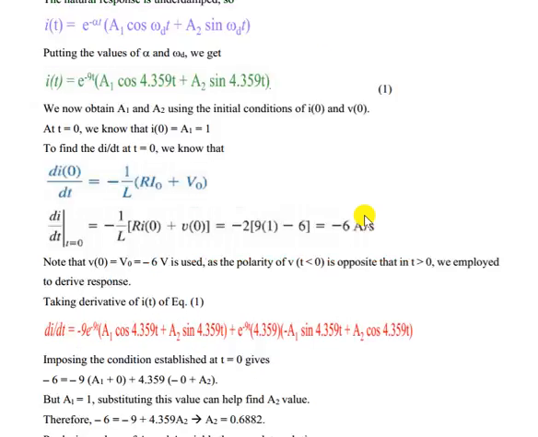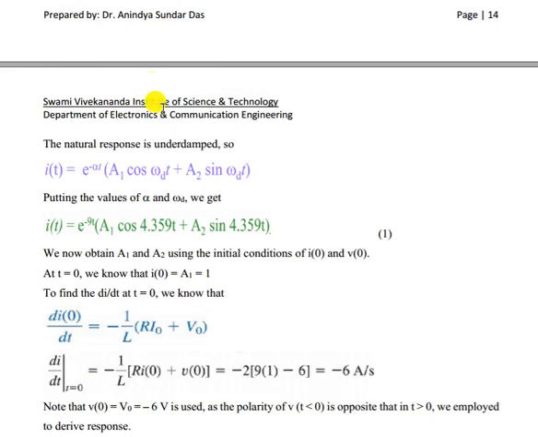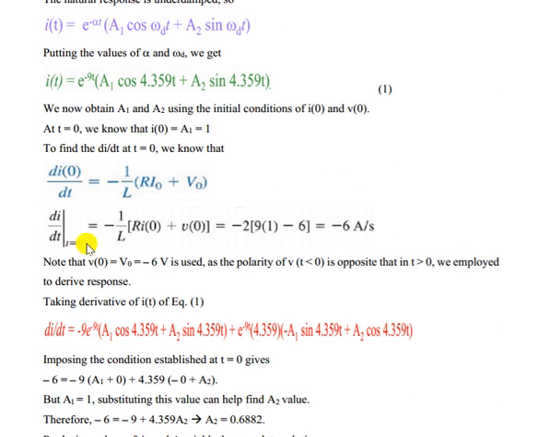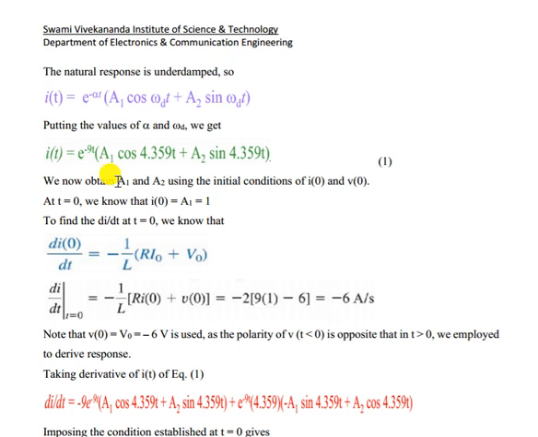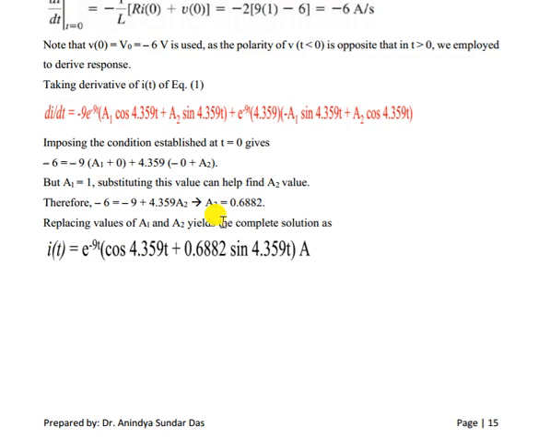That means this expression we got from the circuit, and we got the value of di dt at t equal to 0. Now we have to perform di by dt of that particular underdamped response and put t equal to 0. So di0 dt value is minus 6, that you have to put, and you have to solve.